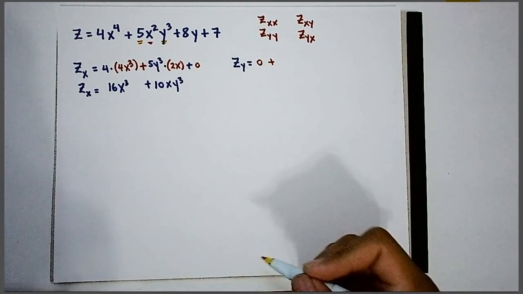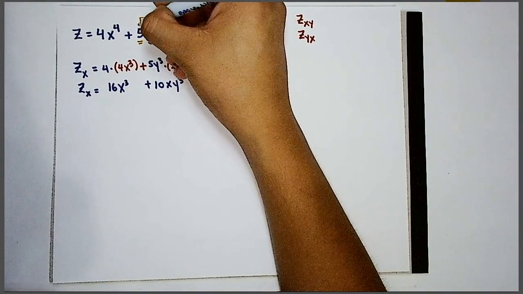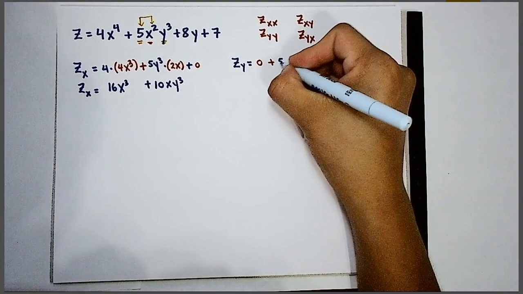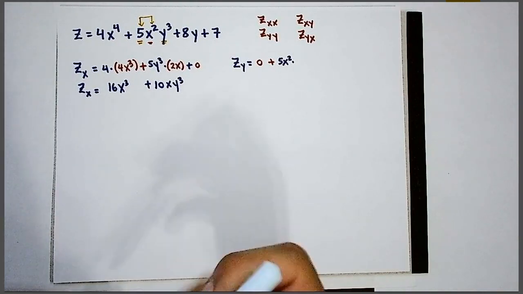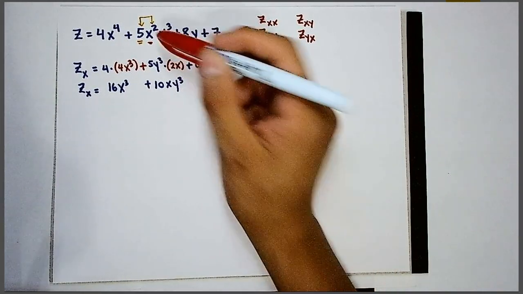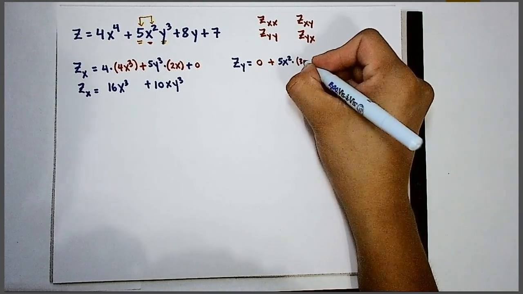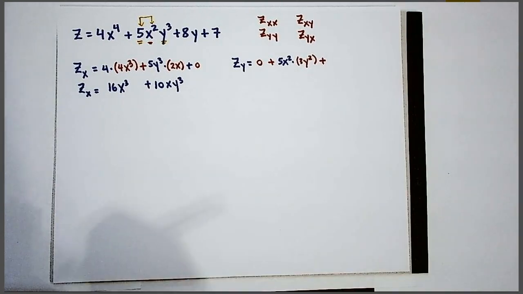In the second term, the constants will be 5 and x squared times the derivative of the variable part, which is y cubic with respect to y, is 3y squared, plus the derivative of 8y.